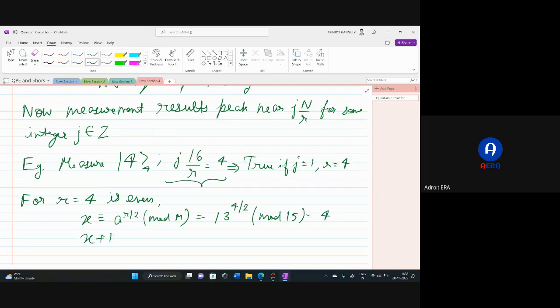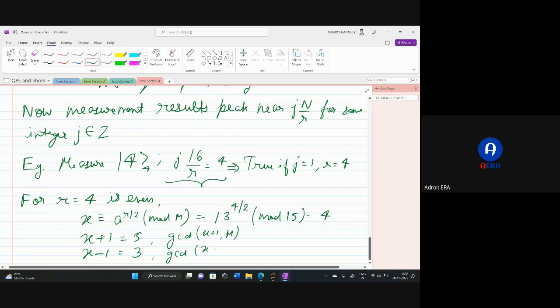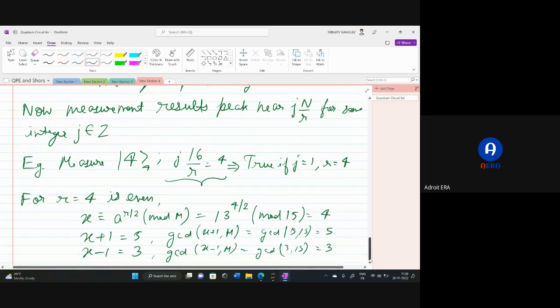So x plus 1 is equal to 5, x minus 1 is equal to 3. Calculate GCD. The steps are very similar to those we saw in the earlier example. GCD of x plus 1 comma m, which is GCD of 5, 15, is 5, then GCD of 3 comma 15 is 3. So 5 and 3 we received.